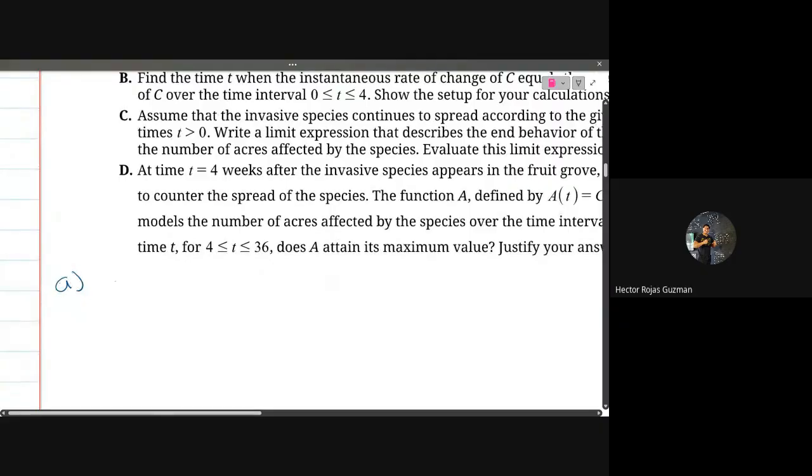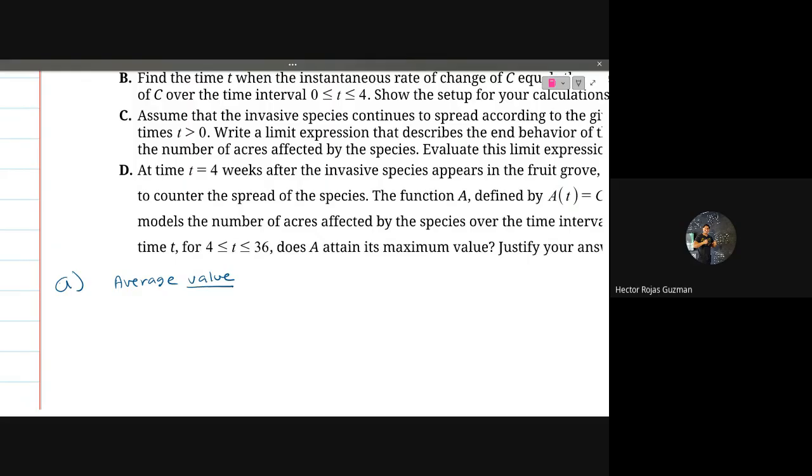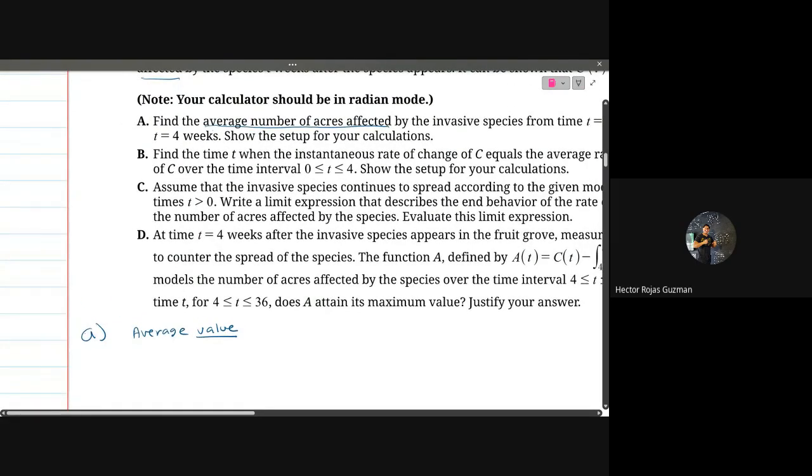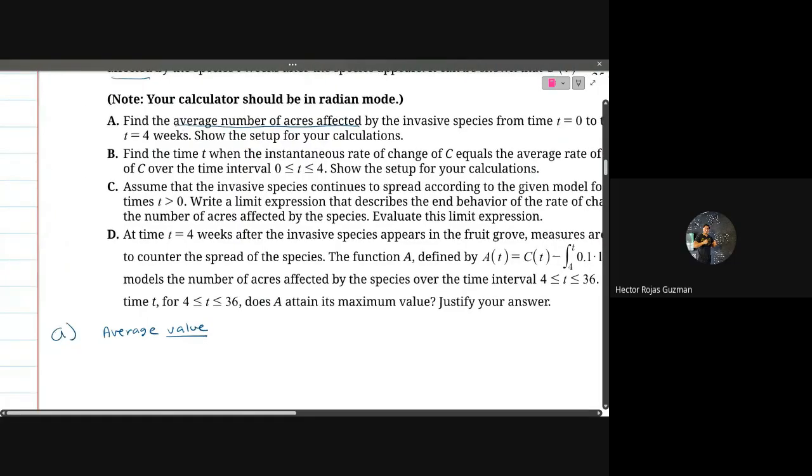So you got to think about average value. That word value is interchangeable with whatever the equation represents, right? If they give us an equation that represents height, the question will be asking for average height. If they give us an equation for weight, the question will be asking average weight. So in this case, they're asking the average number of acres affected, which is exactly what the equation represents.